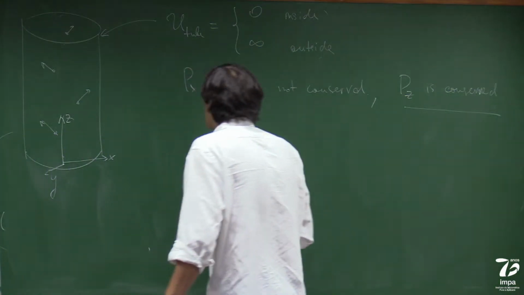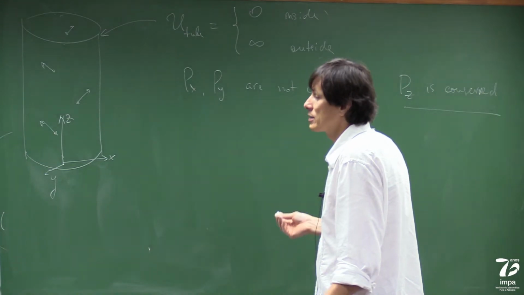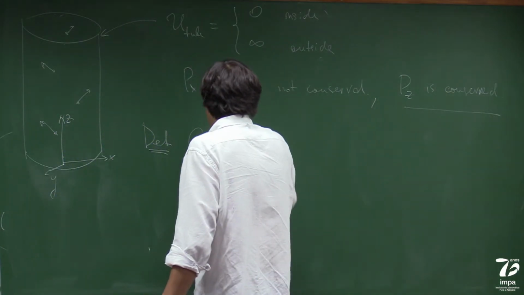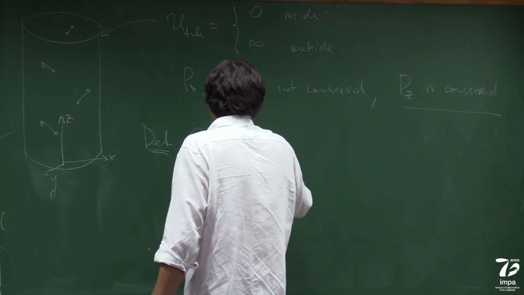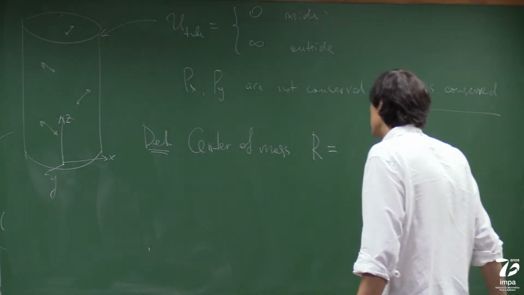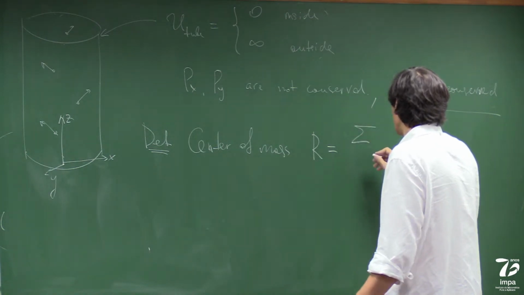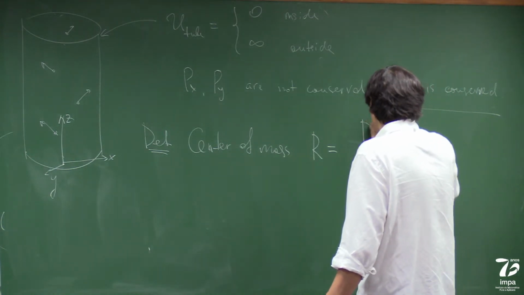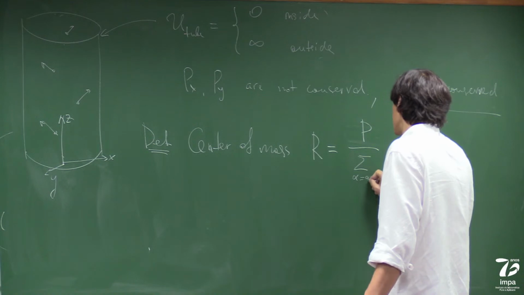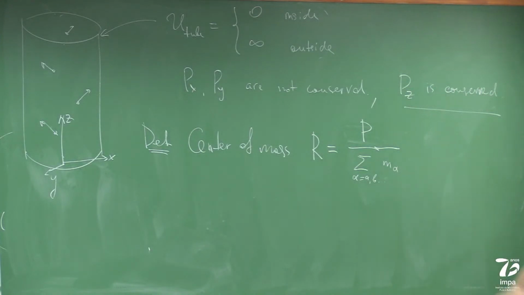And from momentum, you get a natural concept of the center of mass. So you can define the center of mass as a coordinate which is essentially the momentum divided by the total mass.